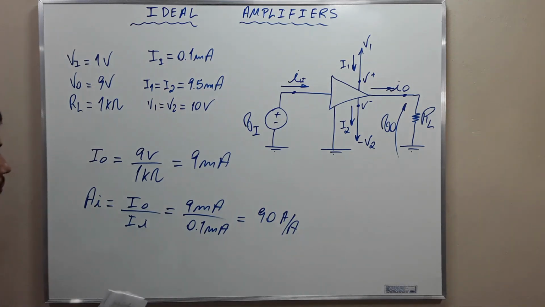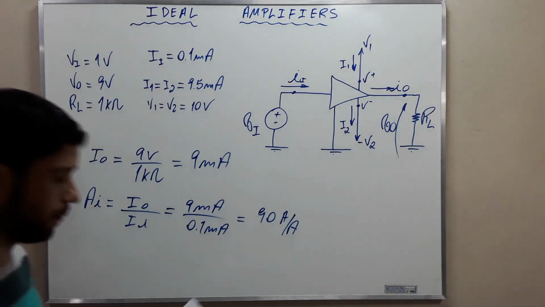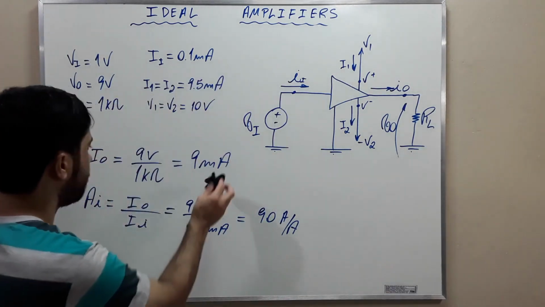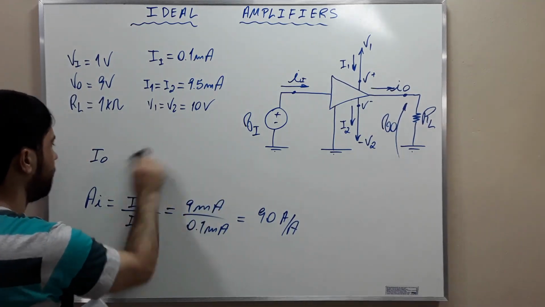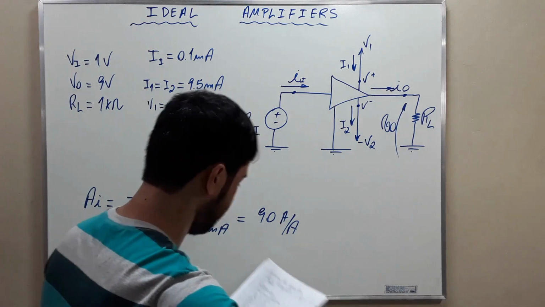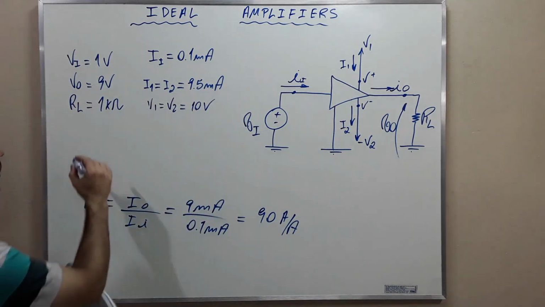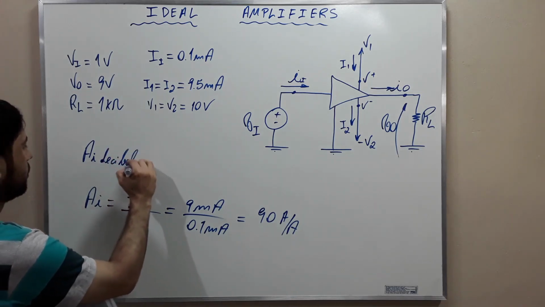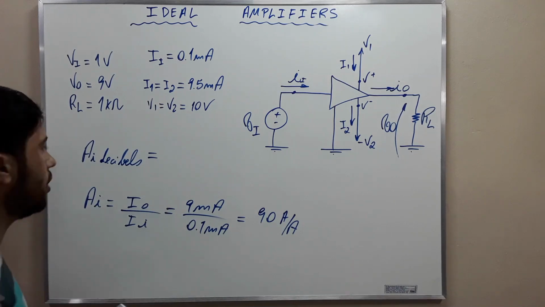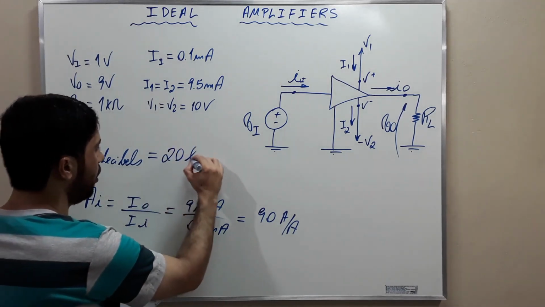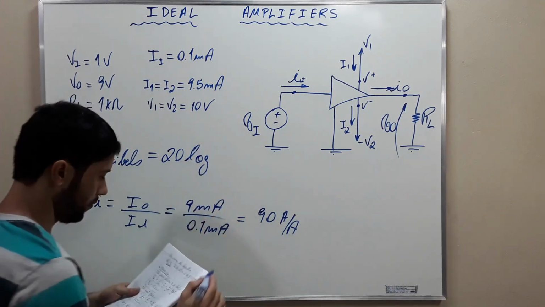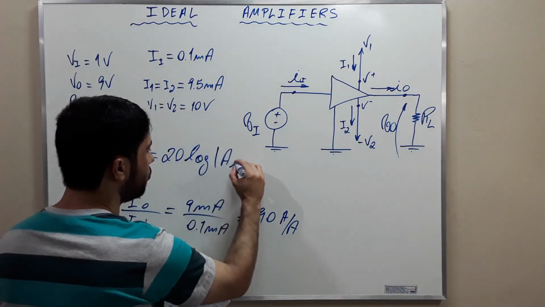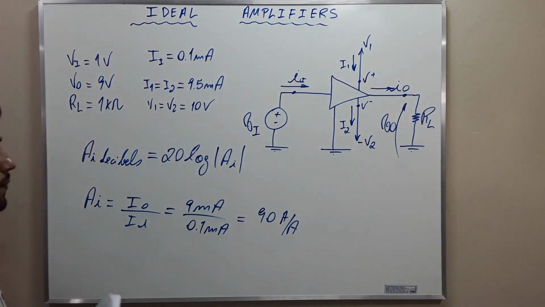As we did before, we are going to express the current gain in decibels. The current gain in decibels is going to be equal to 20 times the logarithm of the magnitude of the current gain.